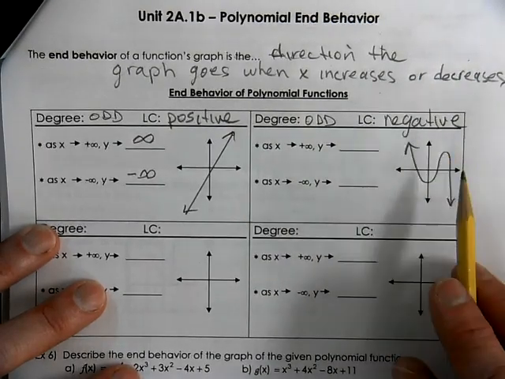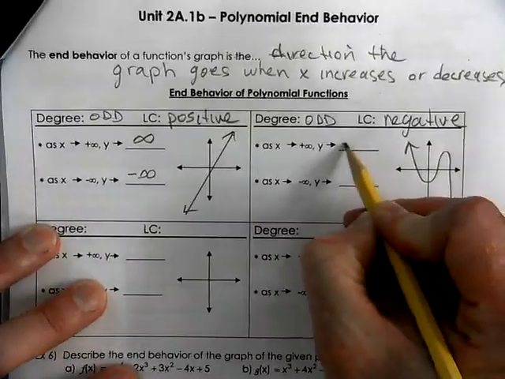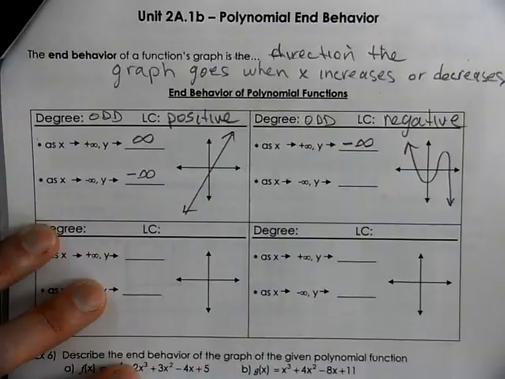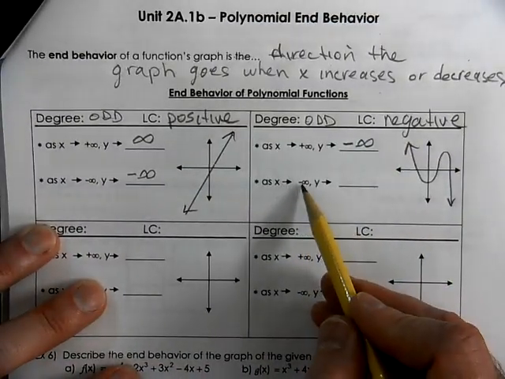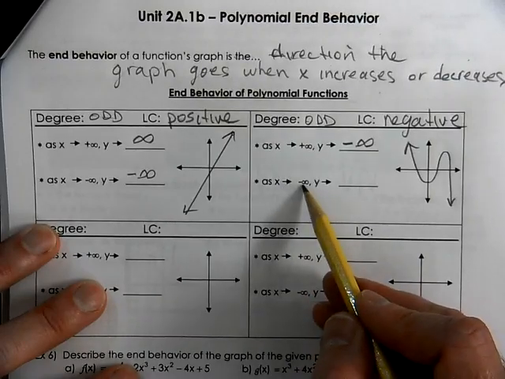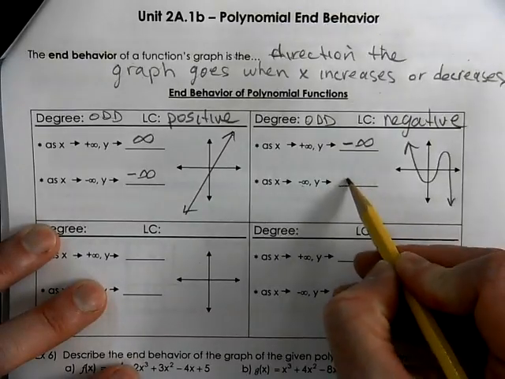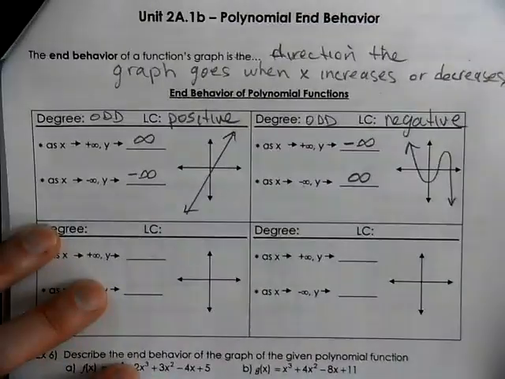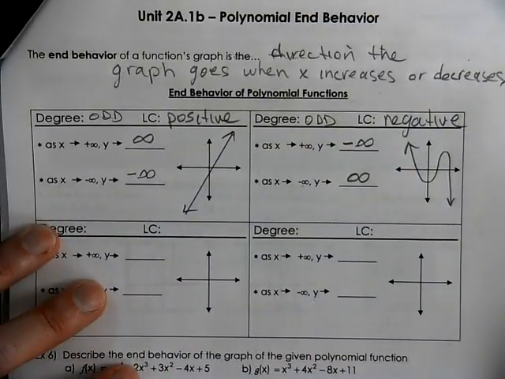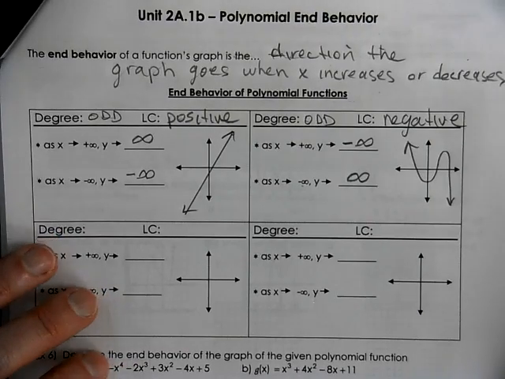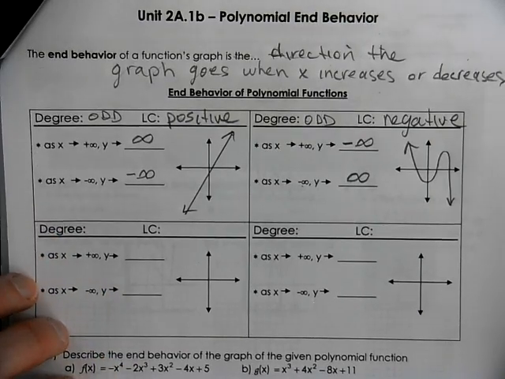Notice that a negative is going to be falling to the right. And then as you go left, as you look at smaller x's, your y value is going to go in the opposite direction. Any questions about that?